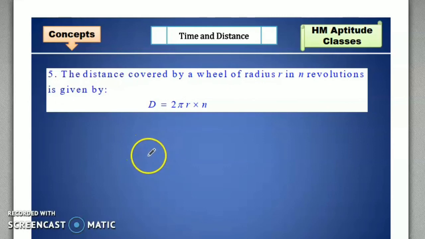And this is another formula, which is related to the circle. If a circle has a radius of r meter, and it is moving n revolutions, then the distance covered will be the total distance for n times. The distance of one revolution is equal to the perimeter of the circle, that is 2 pi into radius.